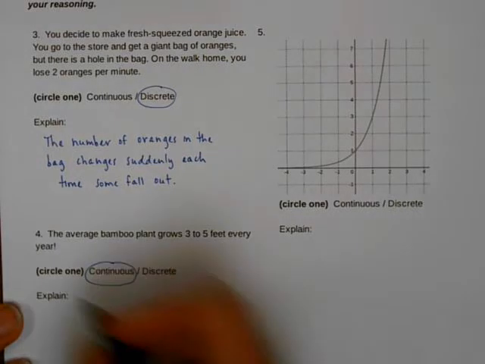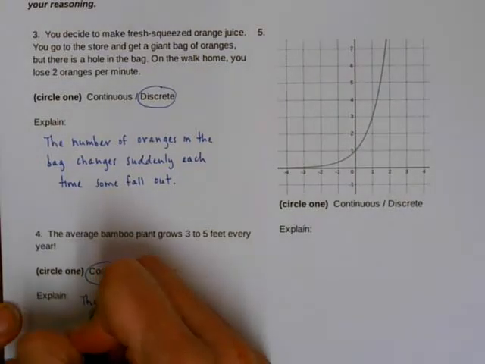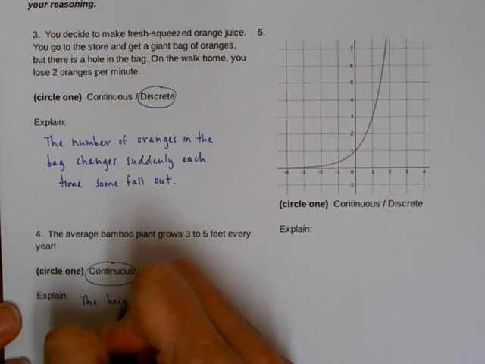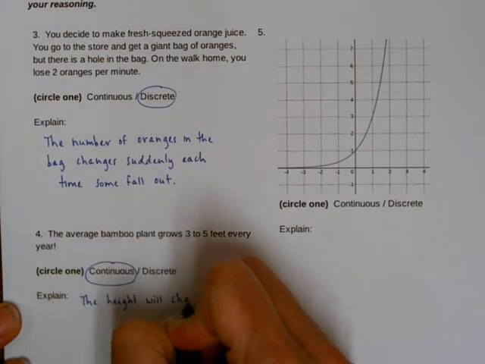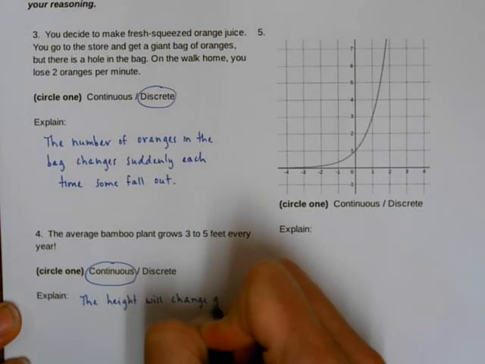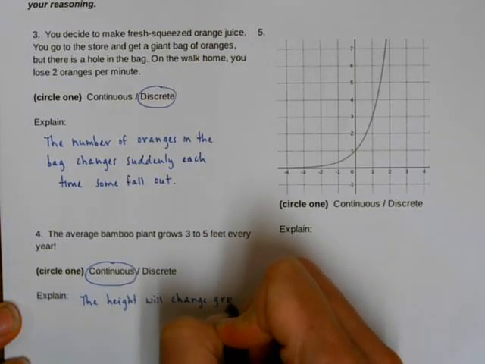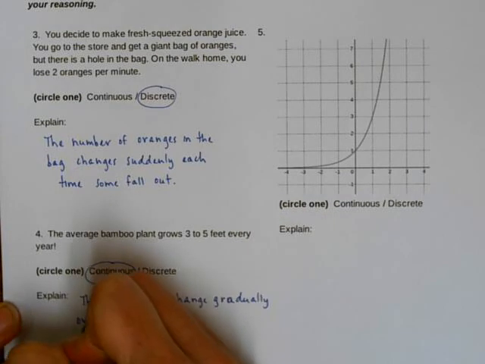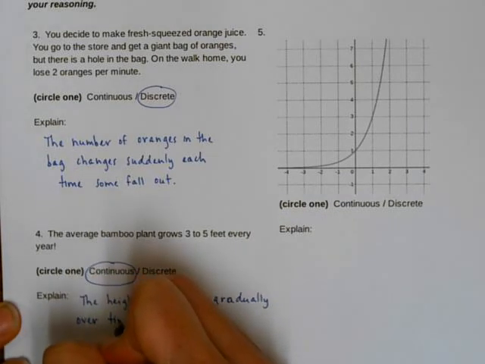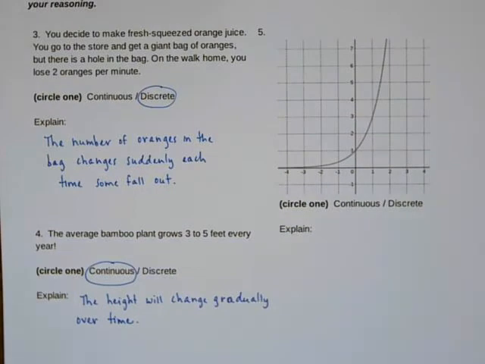So we would say here, our explanation is that the height will change gradually, so little by little over time. Again, it's not suddenly going to grow 3 feet. That change is going to happen slowly or little by little over time, so we have a continuous relationship.